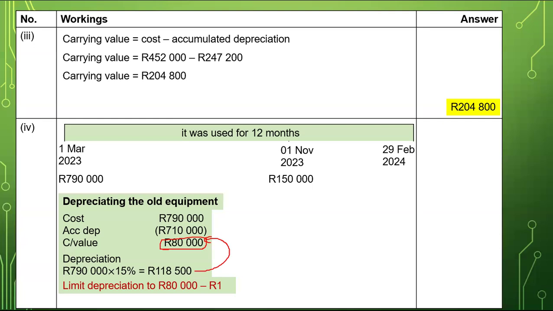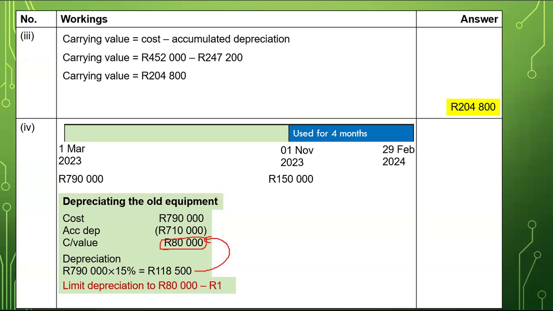We only had it from the 1st of November. So we are going to use it from November, December, January, February. That gives you 4 months. So in the current year, the new equipment was used for 4 months.